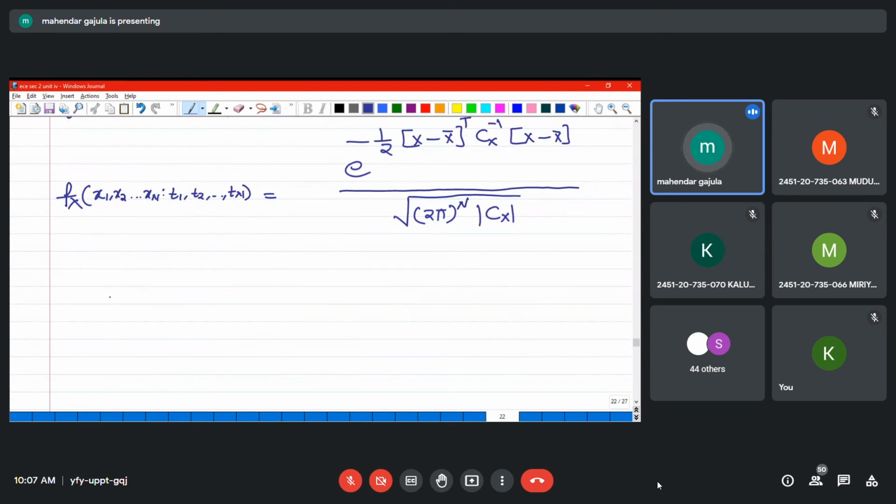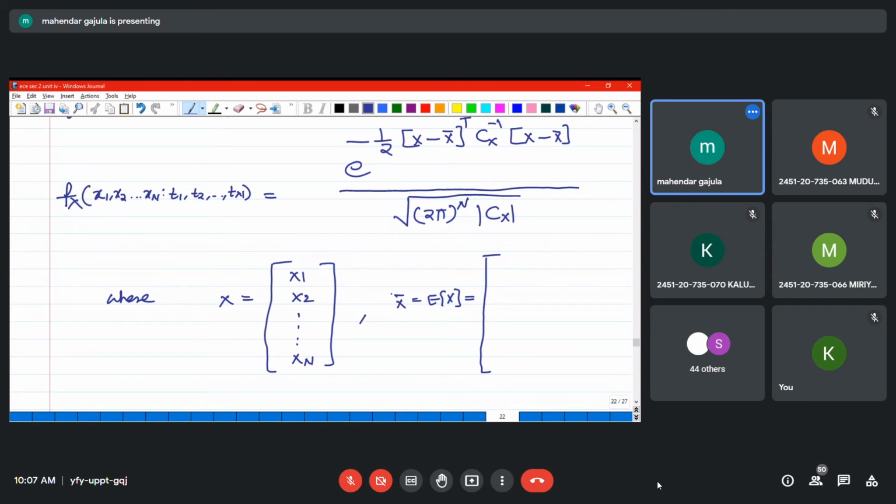Where x equals, it's a column vector. In the column vector, what are the elements? Random variables x1, x2, xn. And what is x bar? It is the expectation of x, right? This is equal to, you have to apply expectation on the elements.